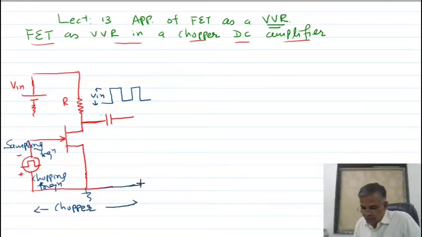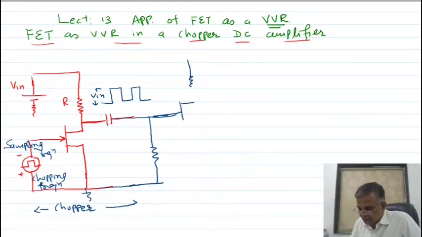Now what is the function of this? This blocks the DC, allows only AC. This output AC is amplified by the FET amplifier that I am showing you here. This section works as an amplifier.